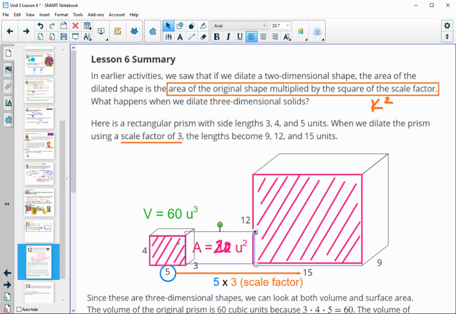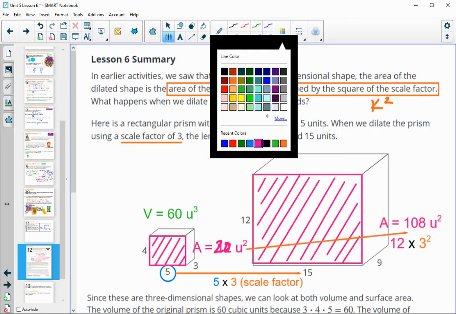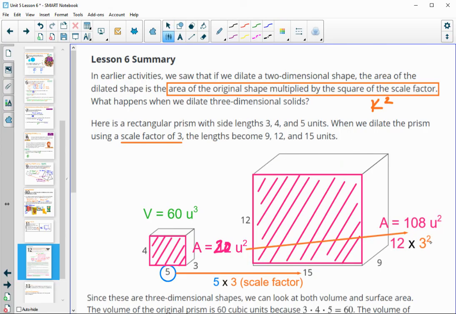So when we multiply this one to get our new area, it's going to be 20 times 3 squared. So that's going to give you 180 for that new area.